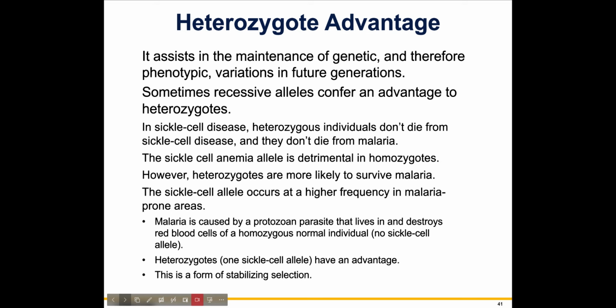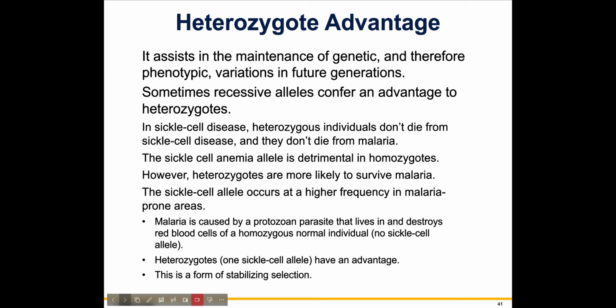If you get one sickle cell trait and one normal red blood cell trait, you're a heterozygote, and you are more likely to not get malaria, and you have enough normal red blood cells that your sickle cell blood doesn't clog your arteries, doesn't give you the symptoms of sickle cell anemia.